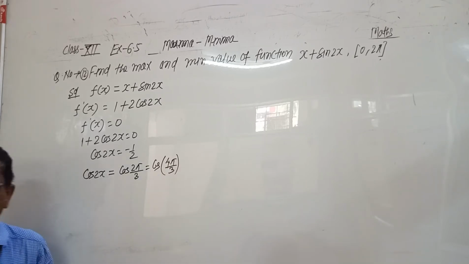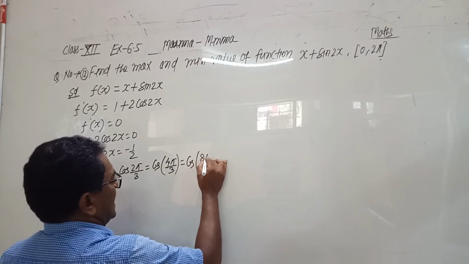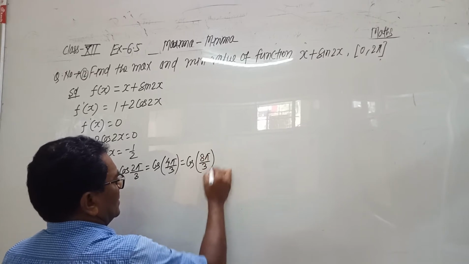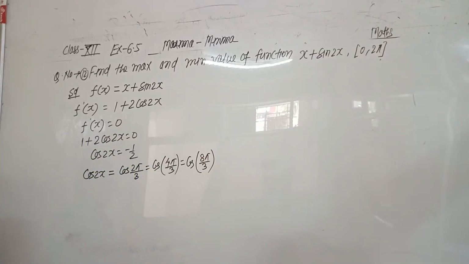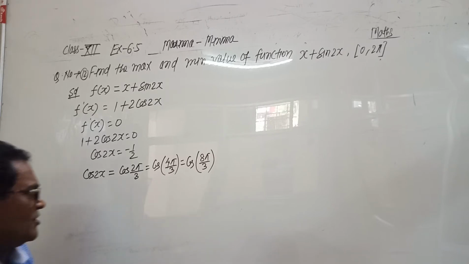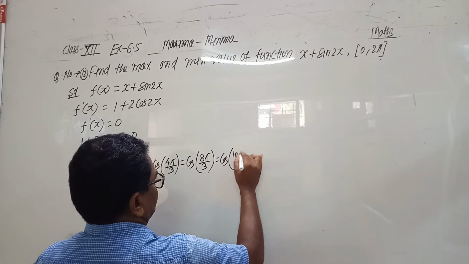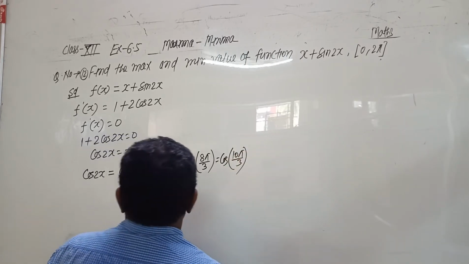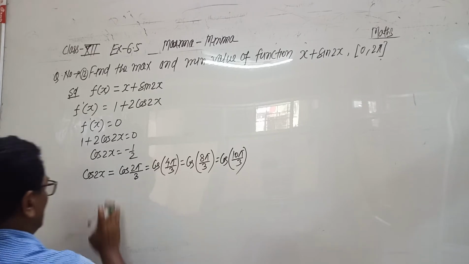Pi plus pi by 3, cos 4 pi by 3, then cos 8 pi by 3, which is 2 pi plus 2 pi by 3, and cos 10 pi by 3. All these have the value minus 1 by 2.